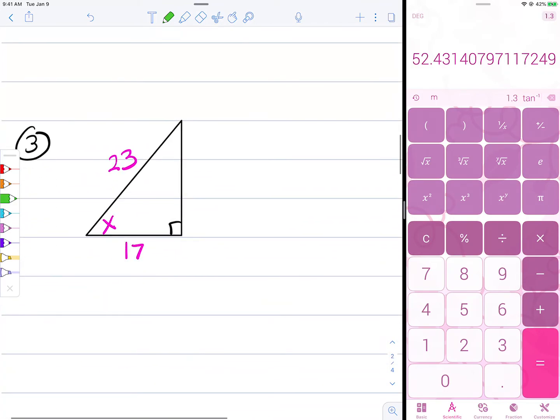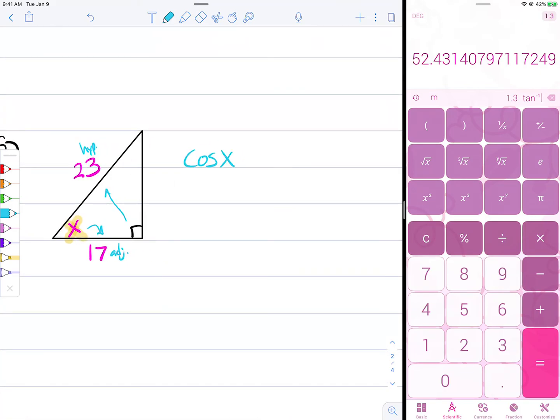Okay, one more. On this problem, here's my angle. I have an adjacent side and I have the hypotenuse. So this must be a cosine. The cosine of our unknown angle is the adjacent over the hypotenuse. So to find x, I'm going to find the inverse cosine of 17 over 23.